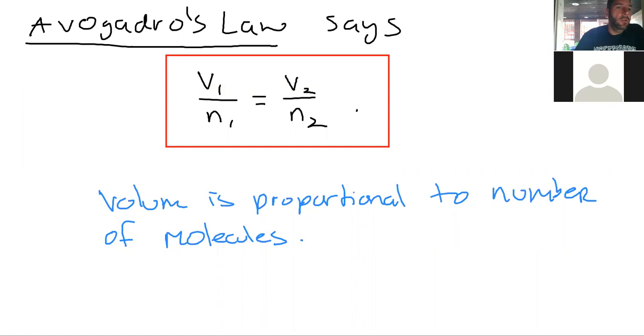Avogadro's law. All right, good deal. Okay, so those are the three laws when we fix the other two characteristics of gas. And we can combine them, and when we combine them, we creatively call it the combined gas law.